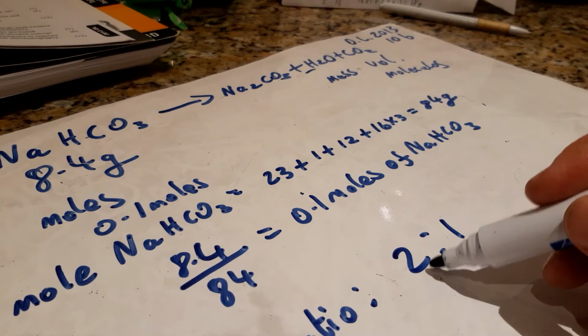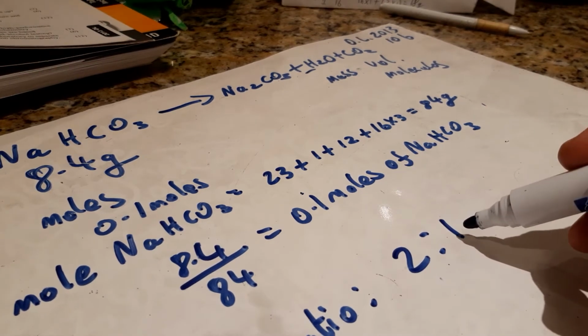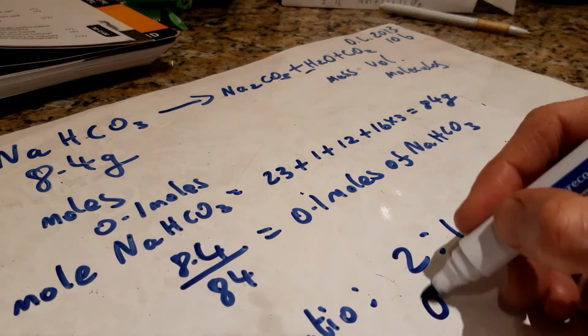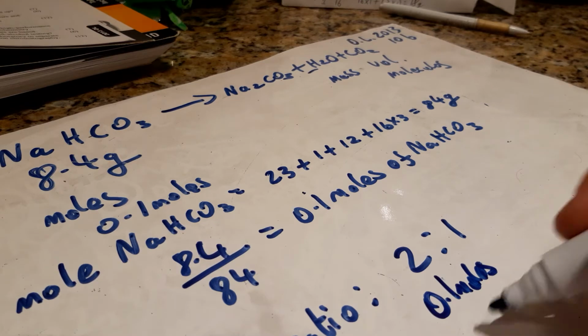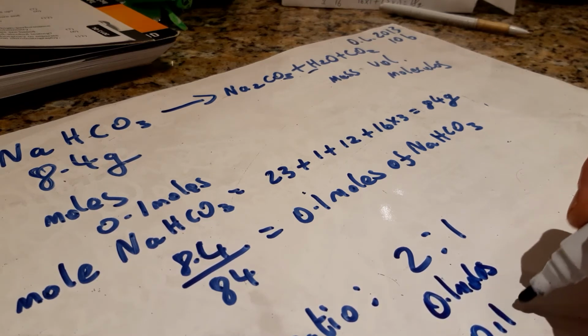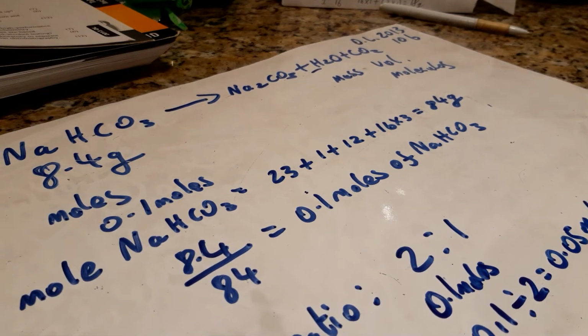We didn't start with 2 moles of sodium hydrogen carbonate, but if we did, we would have produced 1 mole of water. Instead, we started with 0.1 moles, so we divide that 0.1 by 2 and get 0.05 moles of water.